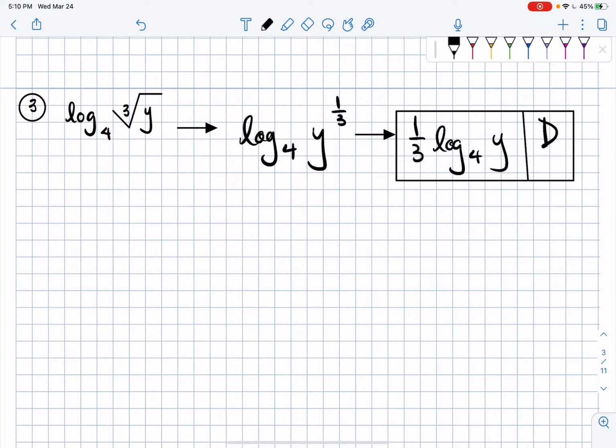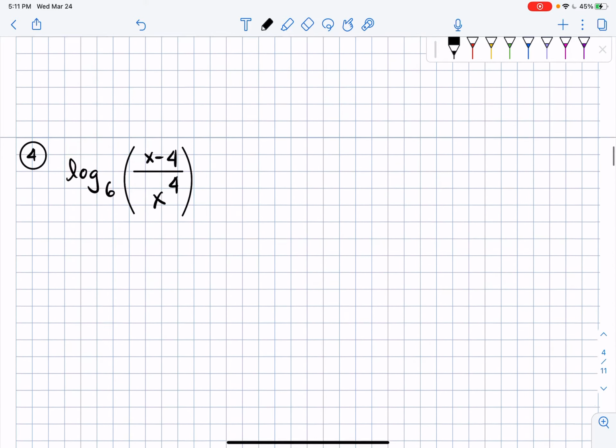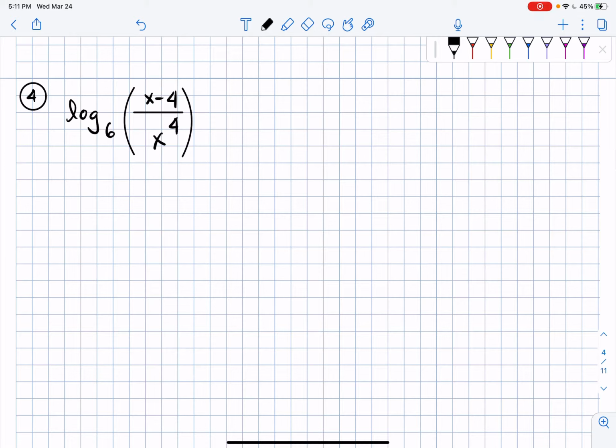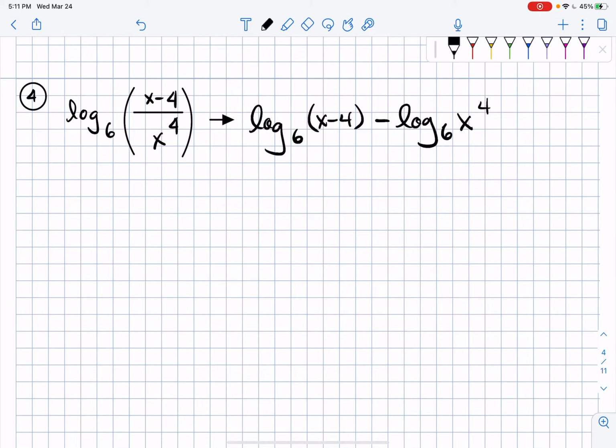Excellent. All right, on to number 4. What do I have for number 4? Oh, look at this. I got division, some power. So let's see what I get here. So what I have is log base 6 of x minus 4. Since it's dividing, it's subtracting log base 6 of x to the 4th.